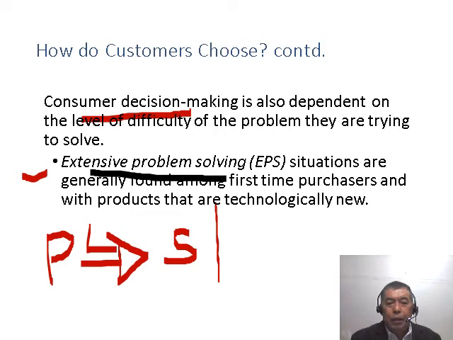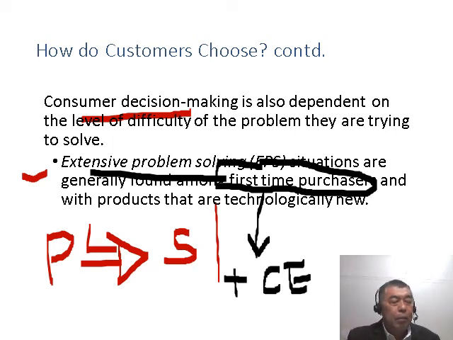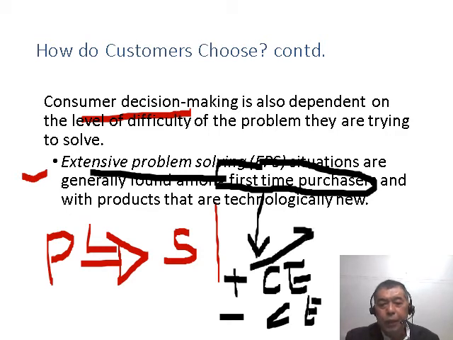It is also critical for first time purchasers of your product, because if you are a marketer, you want to have a positive customer experience that the consumers will feel about the purchase of your product rather than a negative customer experience, because a positive customer experience will have a positive referral or word of mouth. Okay.